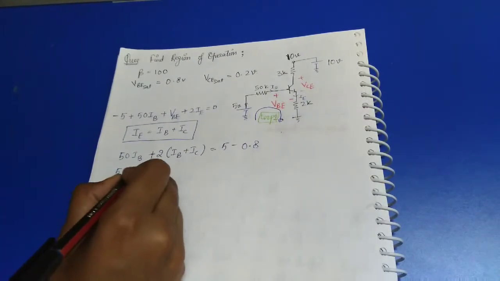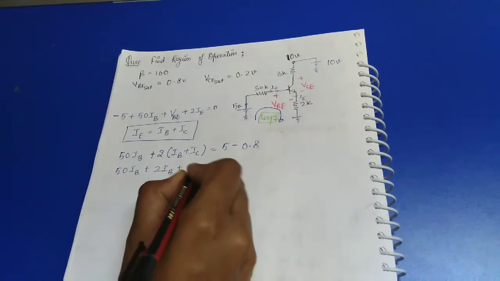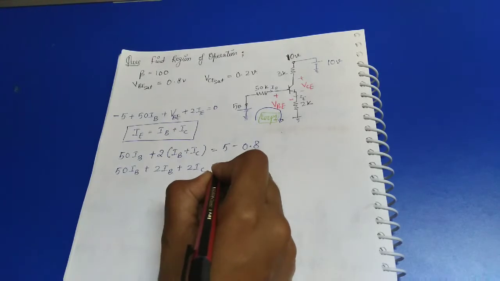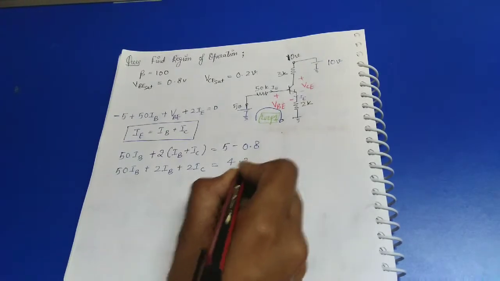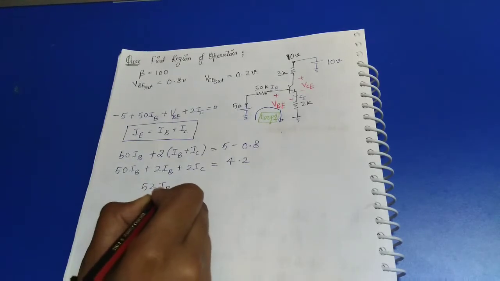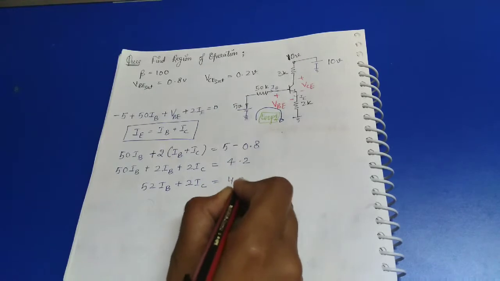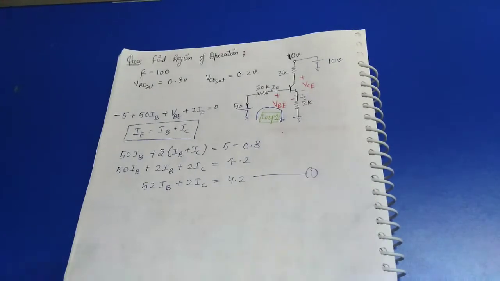Then 50 IB plus 2 IB plus 2 IC equals 4.2. So the equation becomes 52 IB plus 2 IC equals 4.2, and this is equation 1.